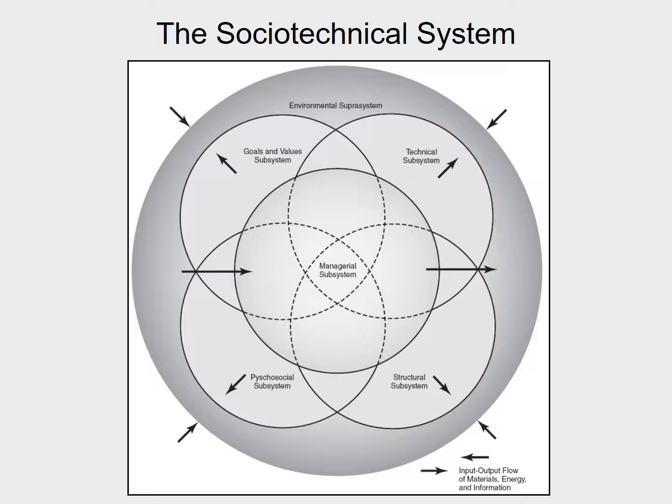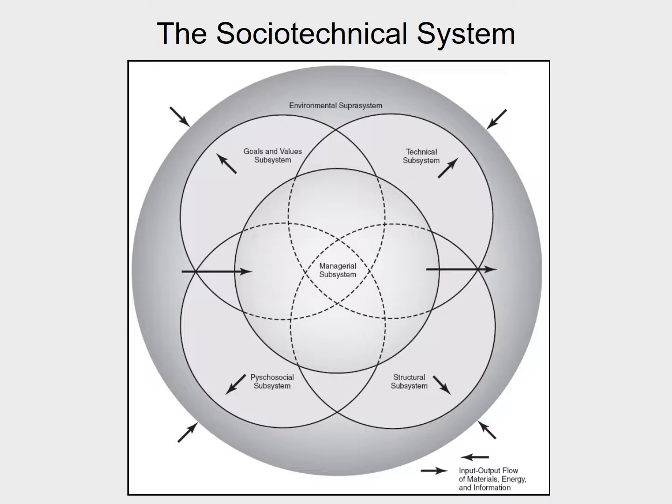The technical substructure, which also is going to include the ability to communicate information and just communication between areas, is going to impact the actual structure of the organization. But likewise, the structure of the organization is going to impact how successful the organization can be at implementing its goals and values, as well as the structure is going to indicate what kind of technical subsystems are needed. And all of these are going to interact with the actual psychosocial system.